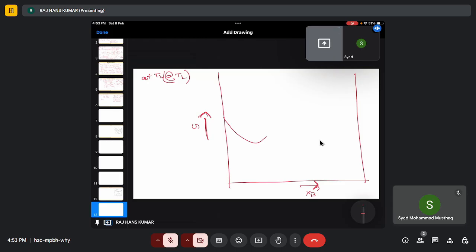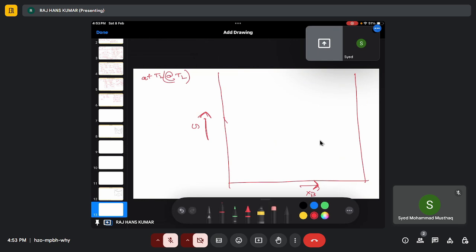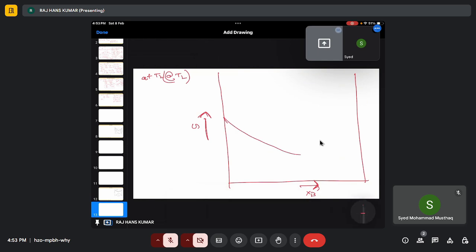Let's draw it like this. At T2, I have the liquid stable. Then what about the solid? The solid curve will look like this. Okay.